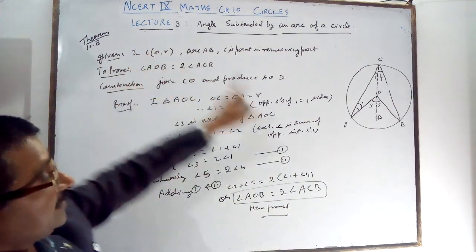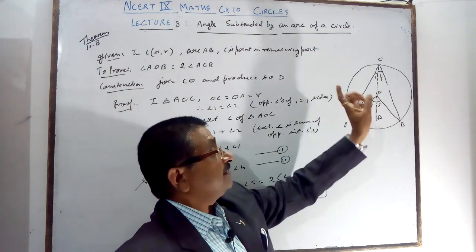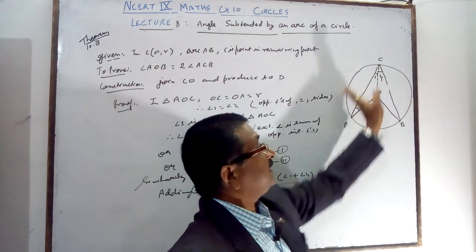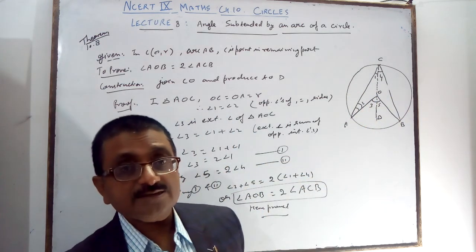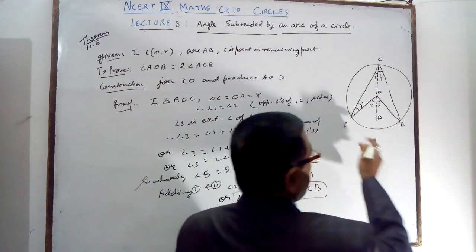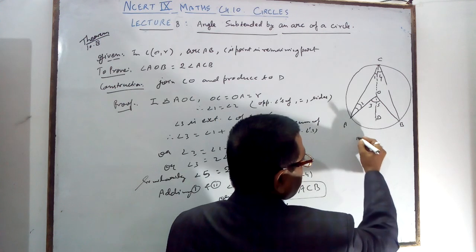The angle subtended by the arc at the center is twice the angle subtended by the same arc at any point in the remaining part. Remaining means on the ACB side. So same thing, you will get two more figures of this type. Then same result. Arc is AB. It is the first figure in the book.